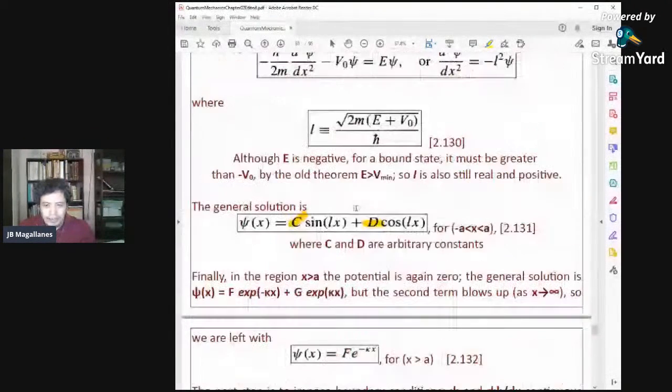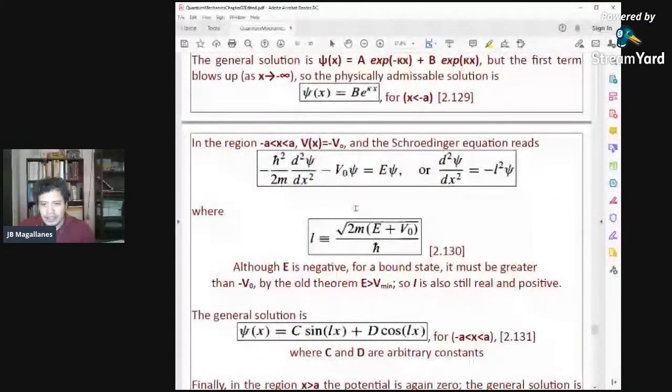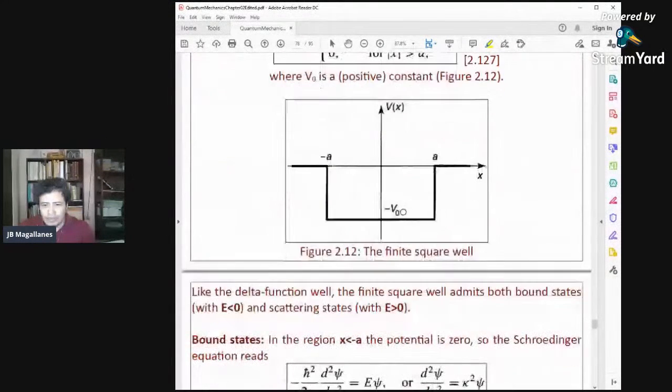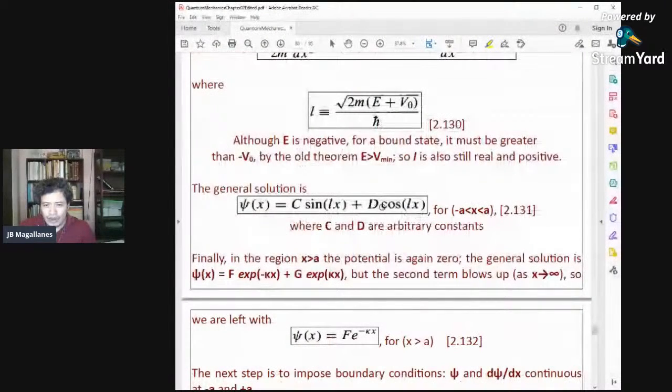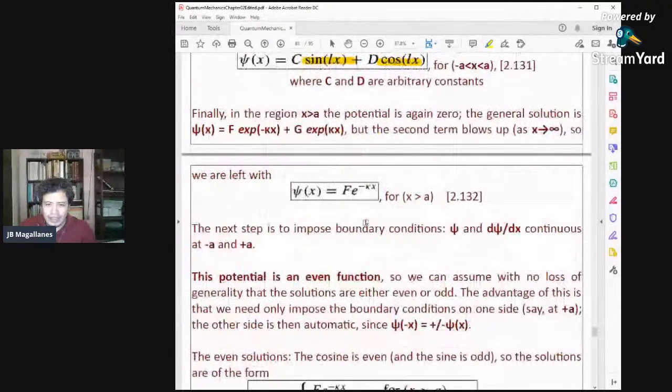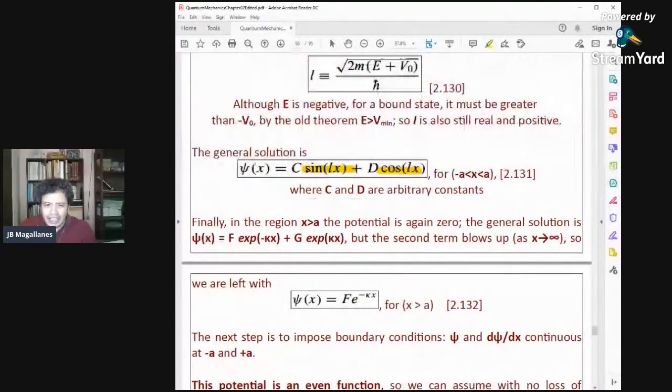And by the way, looking at this potential, this is an even function. We can use either sine or cosine, but you will play a lot of sign changes, positive, negative, if you use the sine function.